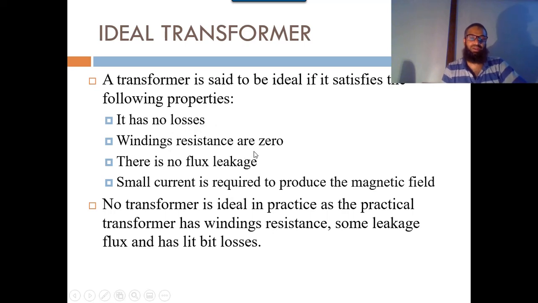We will try to minimize the resistance of the winding, and we will try to minimize flux leakages. So the design of the transformer is normally trying to make it near an ideal transformer.